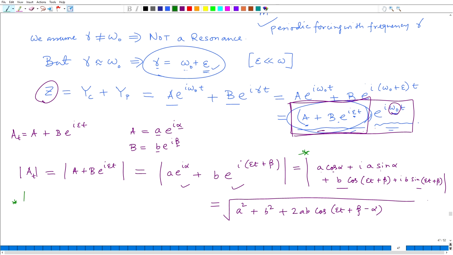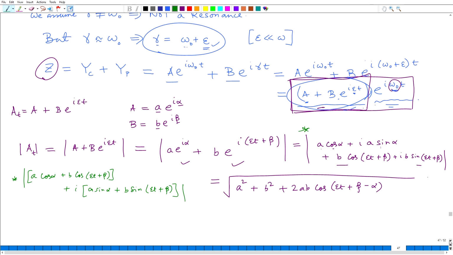The modulus of this thing will be A cos alpha plus B cos (epsilon t plus beta), plus i times A sin alpha plus B sin (epsilon t plus beta), the modulus of this. Okay.